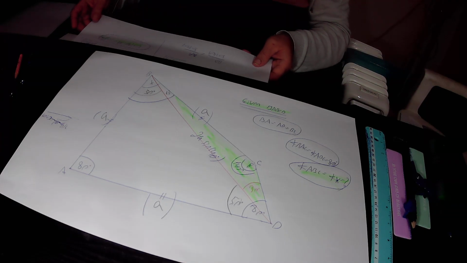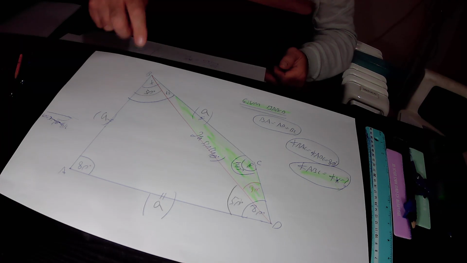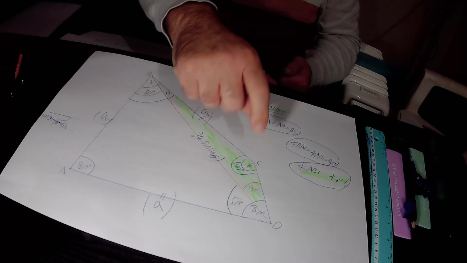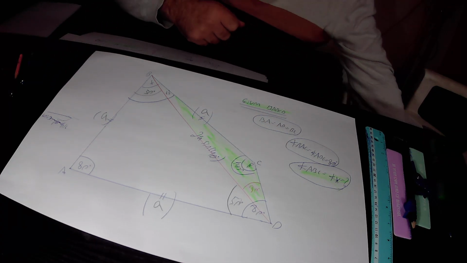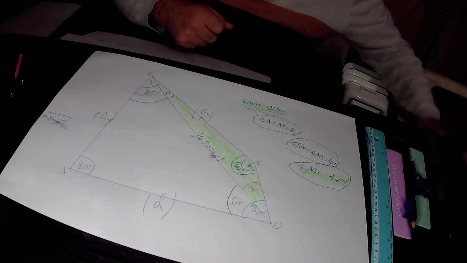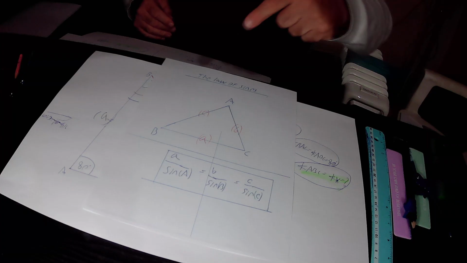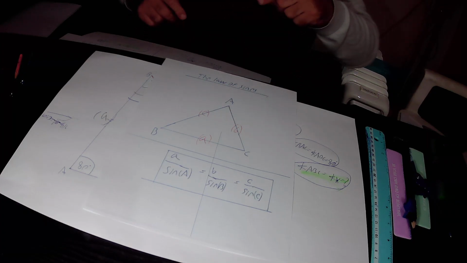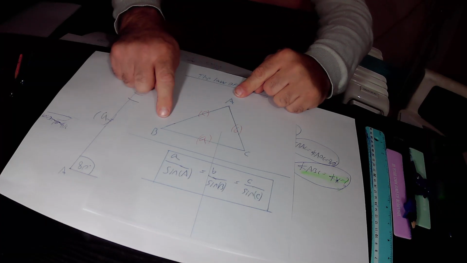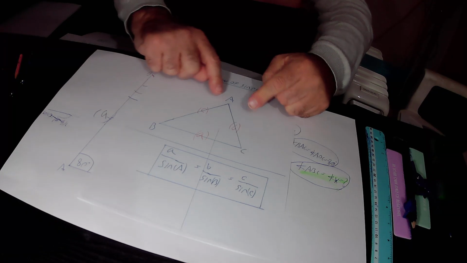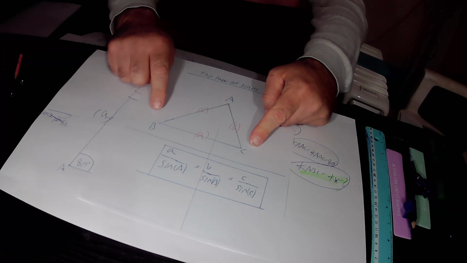In the next step, we implement the law of sines in this triangle ABD. Let's look quickly at the law of sines. The law of sines is true in any triangle. This is triangle ABC, which could be any triangle. Side AB is c units, side AC is b units, and side BC is a units.